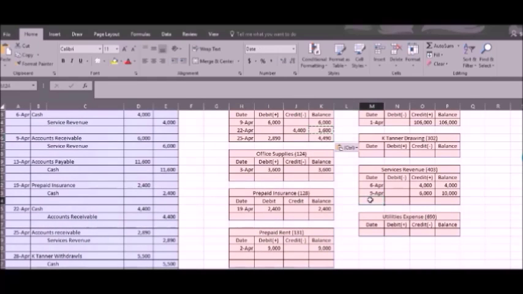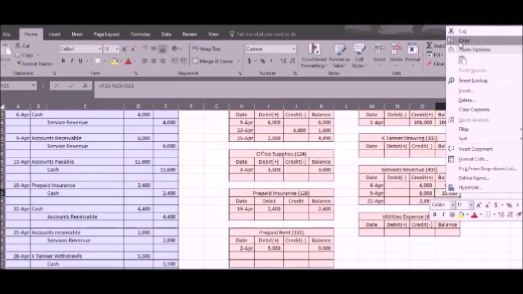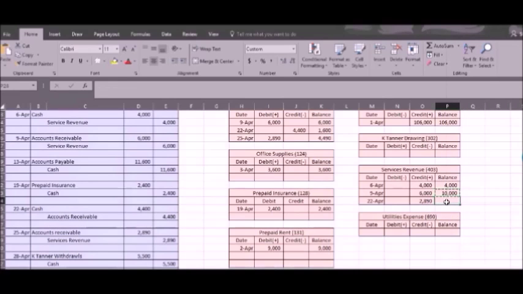We've earned more revenue, so notice this is my services revenue account. The date is 4/25, and we've earned another $2,890. We've already built the formula, so again, copy and paste the formula. Look at us earning, that's a good deal. So that was the process of earning.